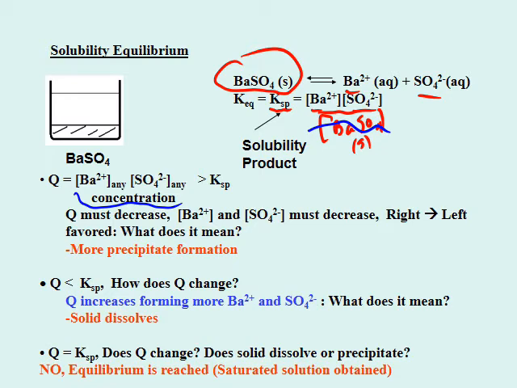So they are going to increase the concentration of Ba2+ and SO4 2- in the solution. Now let's assume that I added a sufficient amount of barium salt as well as sulfate salt, sodium sulfate or potassium sulfate, so that Q value exceeds KSP value.